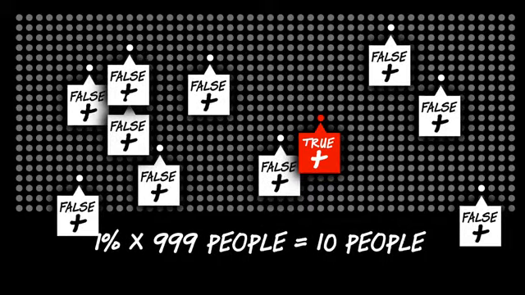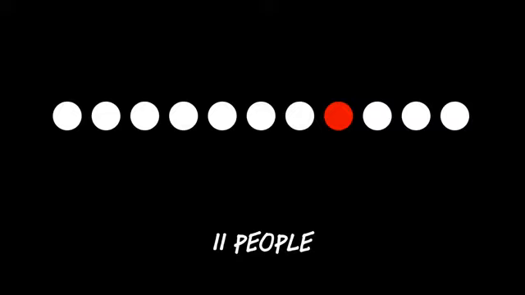So if you're one of those people who has a positive test result, and everyone's just selected at random, well, you're actually part of a group of 11 where only one person has the disease. So your chances of actually having it are 1 in 11, 9%. It just makes sense.